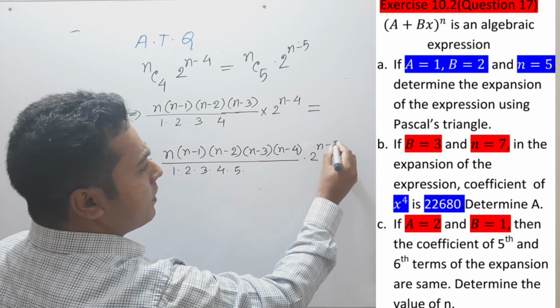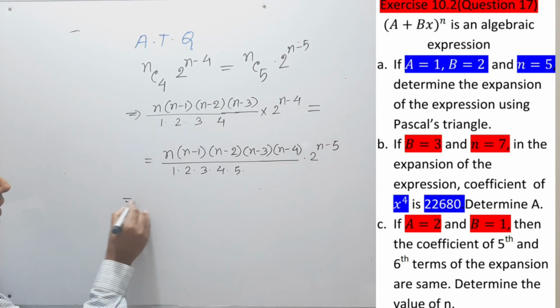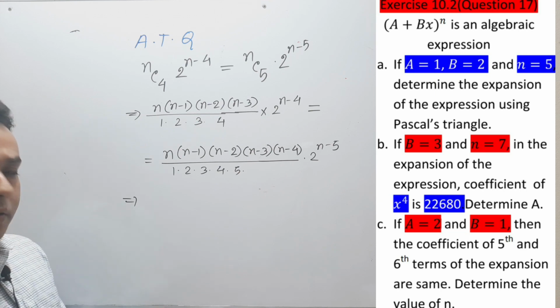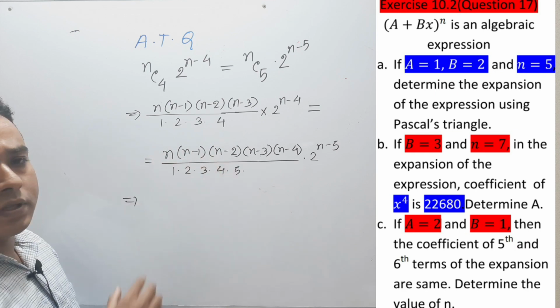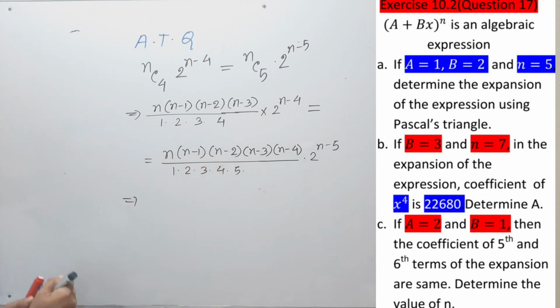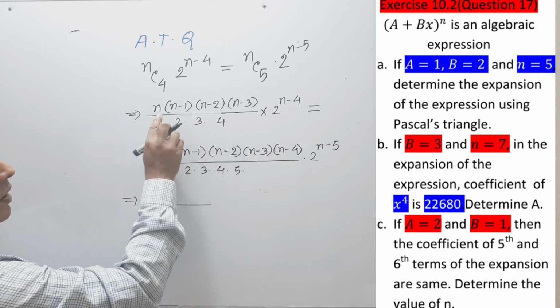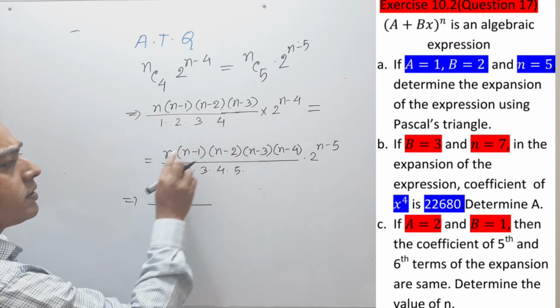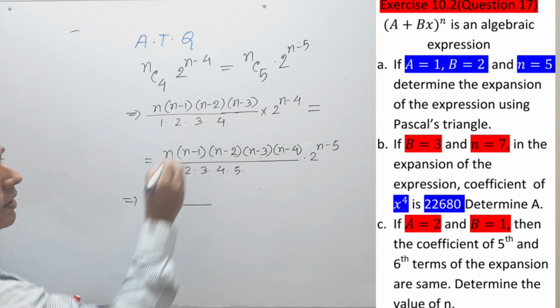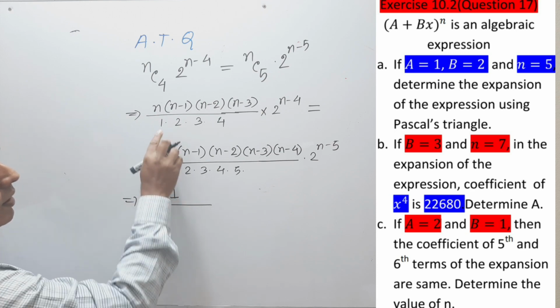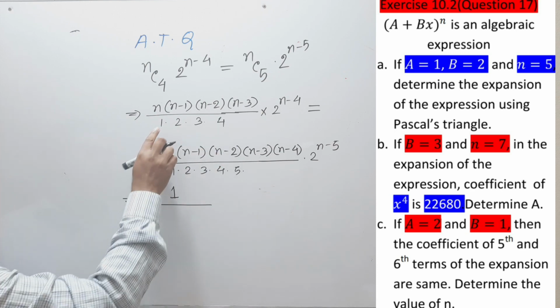By simplification on both sides, n into n minus 1, n minus 2, n minus 3 will be discarded, and in the denominator 1, 2, 3, 4 will be discarded.